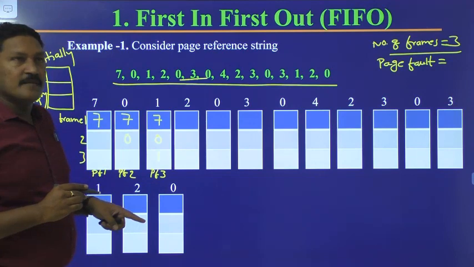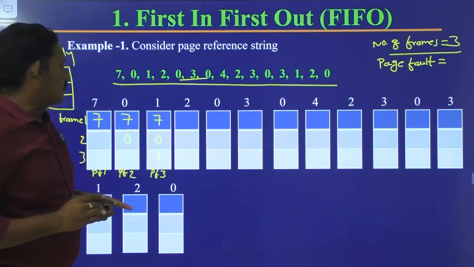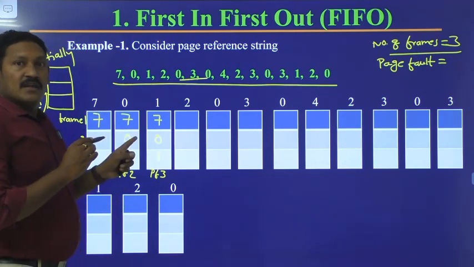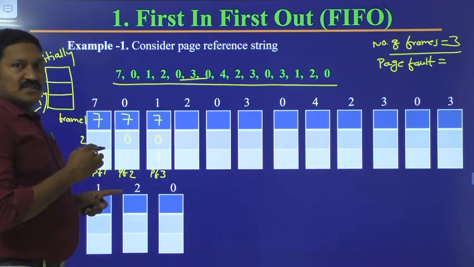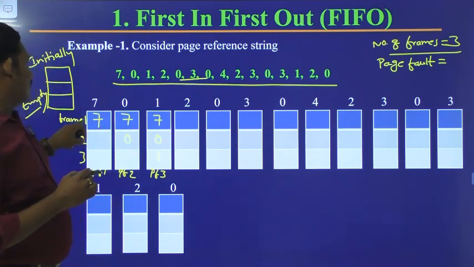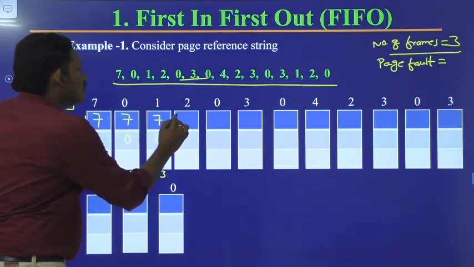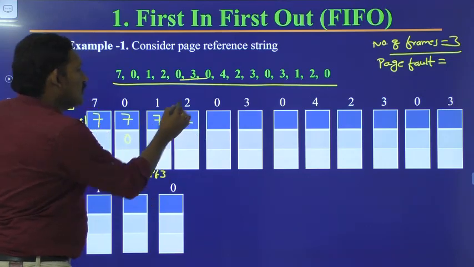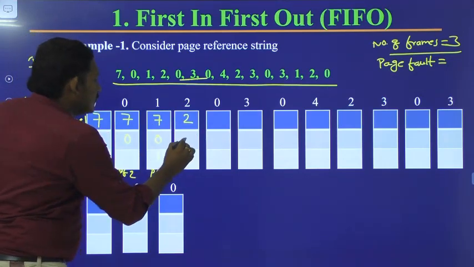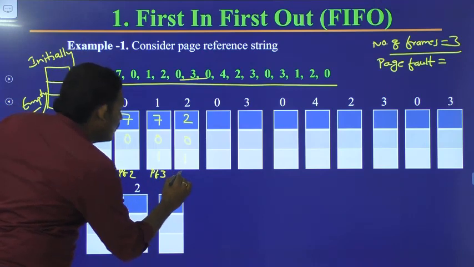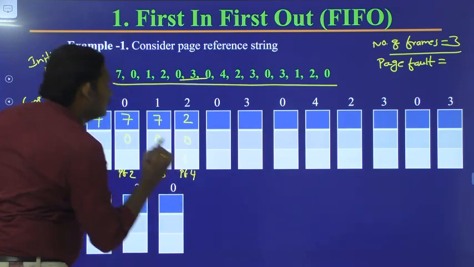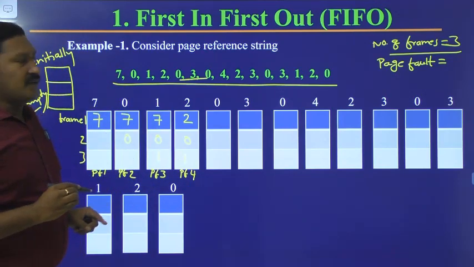Which one to be sent? Here we are following first in, first out. So the page which was inserted first should be removed. Frame 1 was inserted first, next frame 2, next frame 3, so frame 1 is to be replaced. 7 is removed and 2 is placed here: 2, 0, 1. Page fault 4.